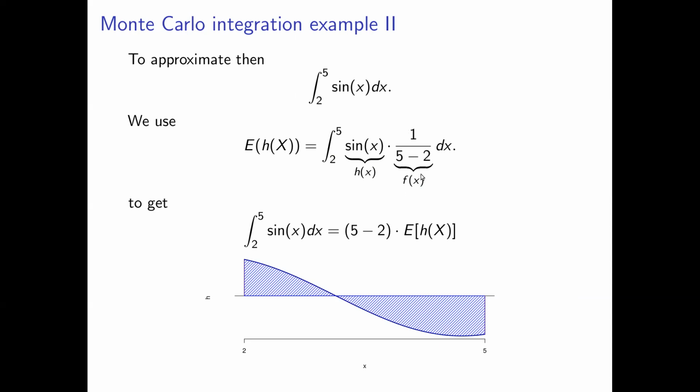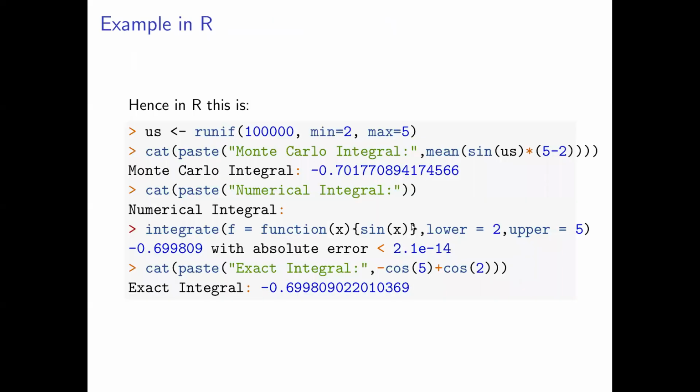We have here the f of x density function of the uniform distribution within the interval 2 to 5, and we have the function sine of x, of course, which we wanted to integrate. And therefore, in order to end up with the actual integral, we multiply by the inverse of this 5 minus 2.